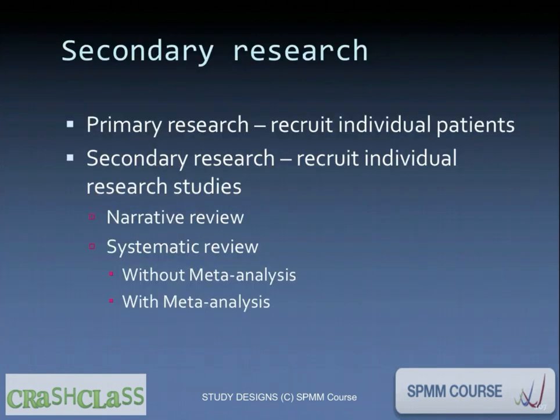Okay, now moving on to secondary research. So far what we have seen, case control studies, cohort studies, qualitative research, all of these are primary research because they recruit individual patients. In each of the previous study designs, we've been recruiting individual patients to collect data. If you collect data not from individual patients but from previously completed studies, then what you're doing is called secondary research.